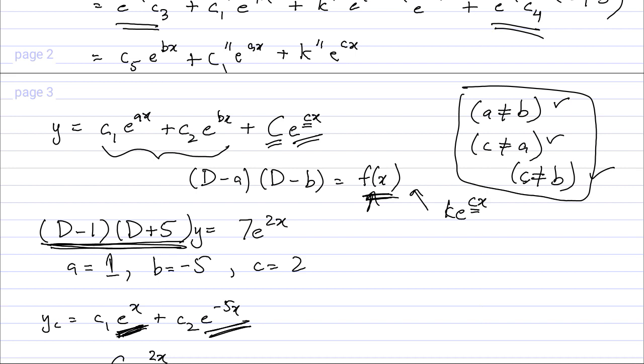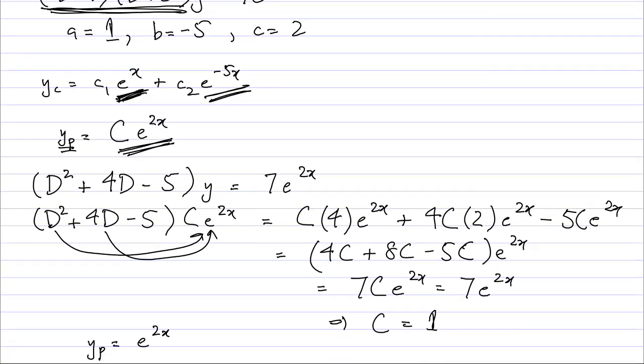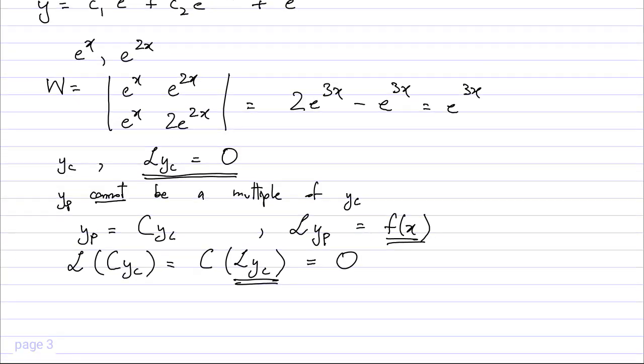On the other hand, if C was equal to A, it turns out that you can find roots such that C is equal to A, then of course your guess is going to fail, because you had better make a different guess.